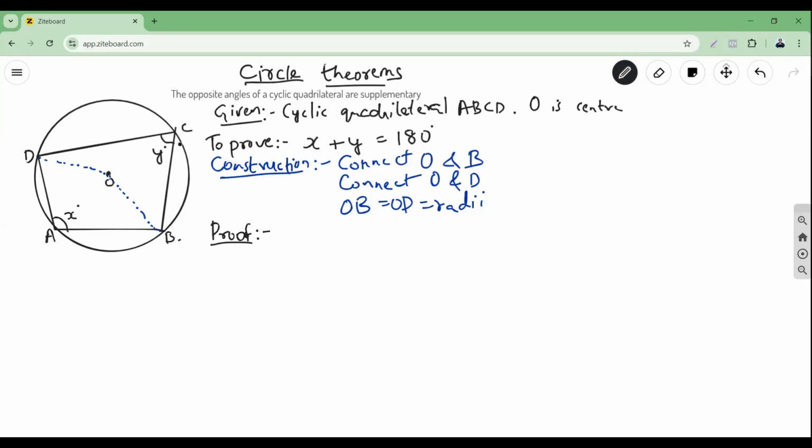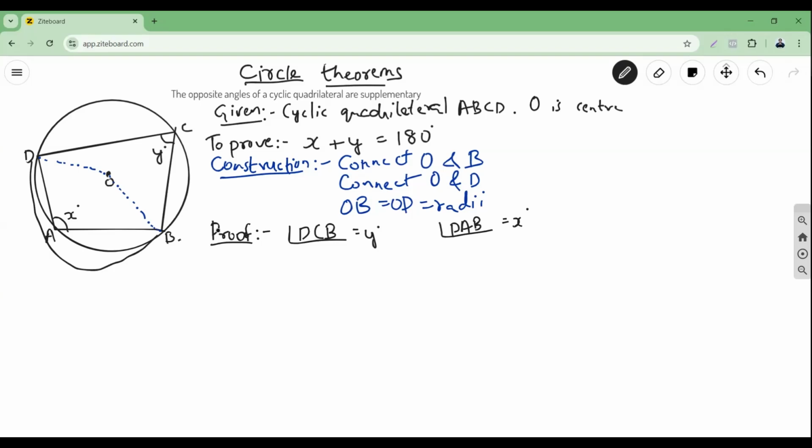Now, angle DCB is equal to Y degrees, right? And we also know that angle DAB is equal to X degrees. If DCB is Y, it is subtended by this arc called DB at the circumference.